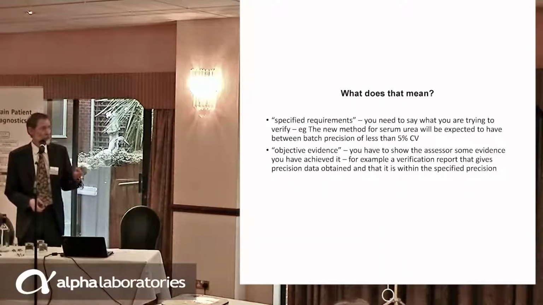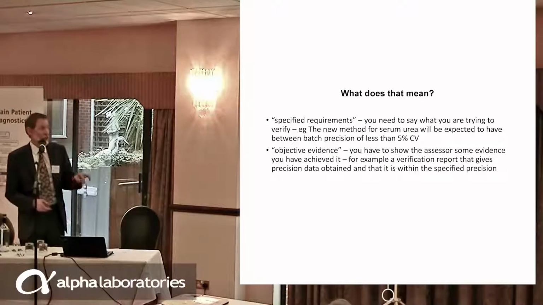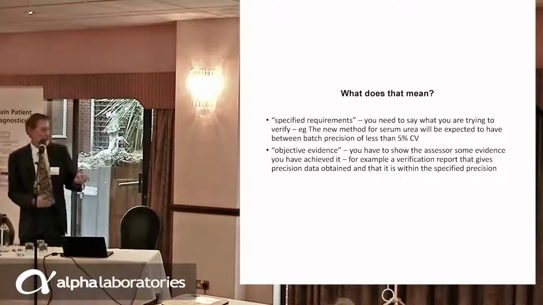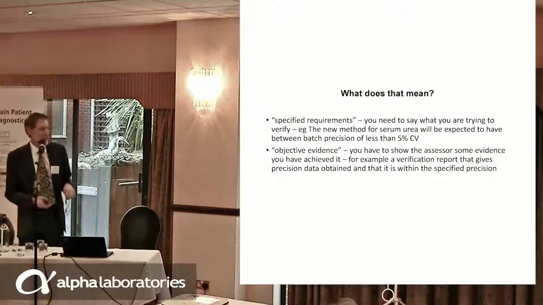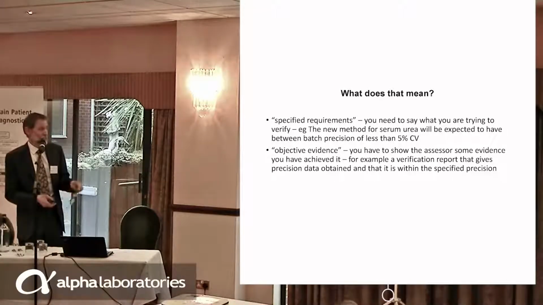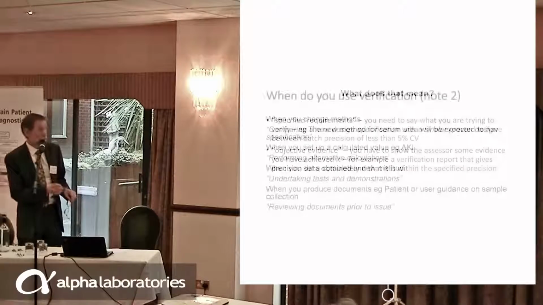So if your new serum urea method, the manufacturer is claiming that it's got a precision of 5% across the concentration range, you perhaps need to state, I'm going to meet the manufacturer's claims, and it's going to be less than 5%. So you say something like that in your report, hopefully. The objective evidence is to then do that precision analysis, repeating samples in whatever format you think is appropriate, and therefore provide objective evidence that it's met that specified requirement.